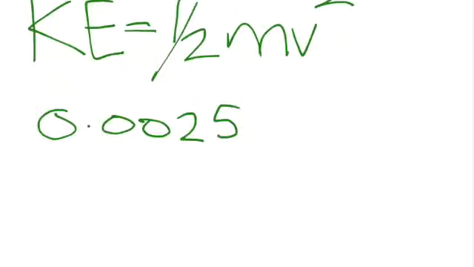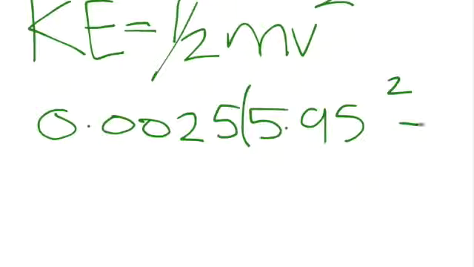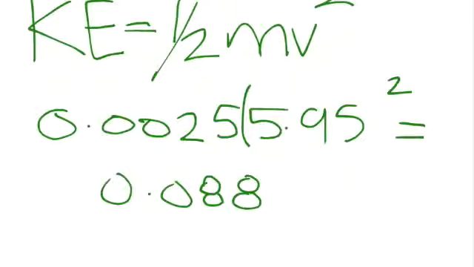So we will take that and multiply it by our velocity, which was 5.95, squared. And our answer is 0.088 joules. That's how you find maximum KE. Thank you.